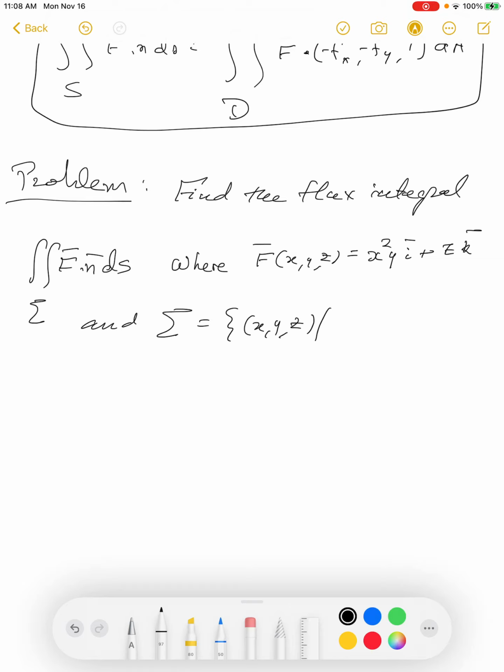Which one am I taking, let me think of this for a second. Yeah, so it's going to be the set of x, y, z where x plus y plus z is 1, and the projection, and I will say x positive, y positive, z positive.